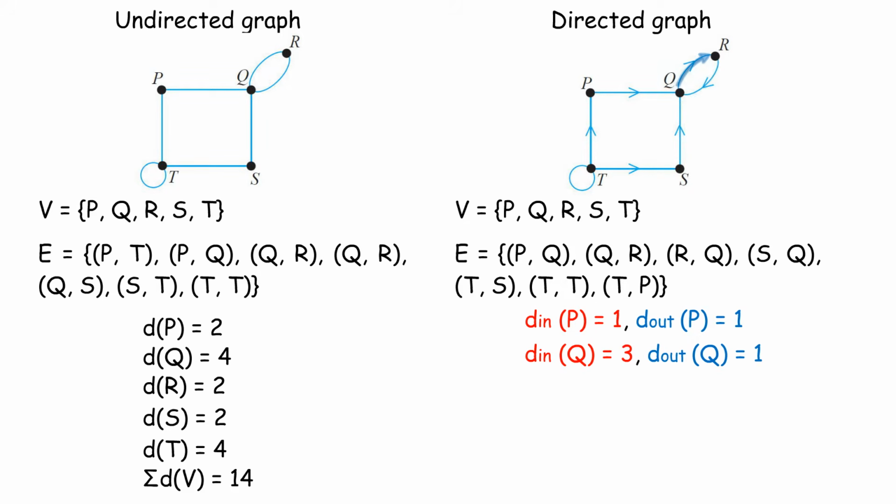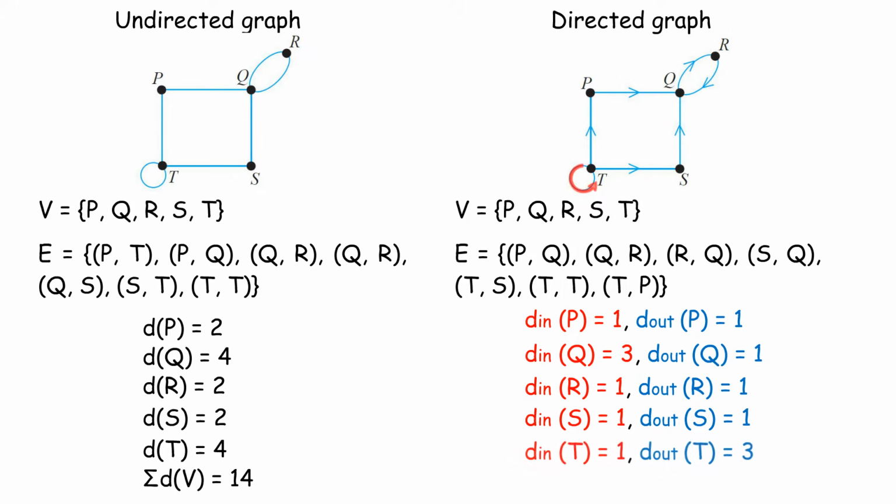D out Q equals 1. D in R equals 1. D out R equals 1. D in S equals 1. D out S equals 1. D in T equals 1. D out T equals 3. Sigma dV equals 14.